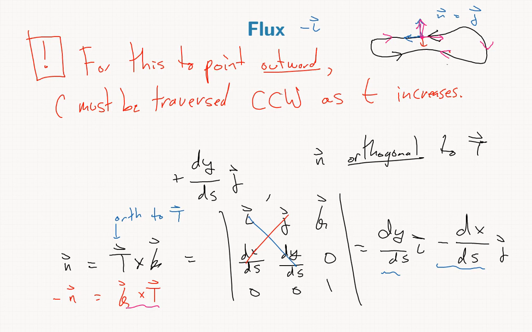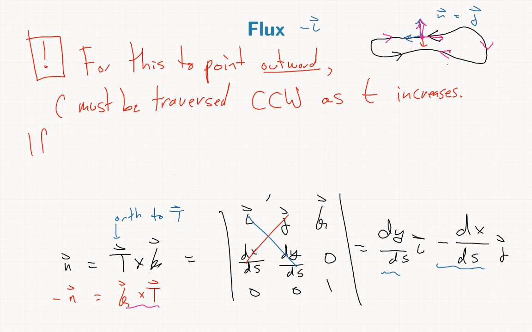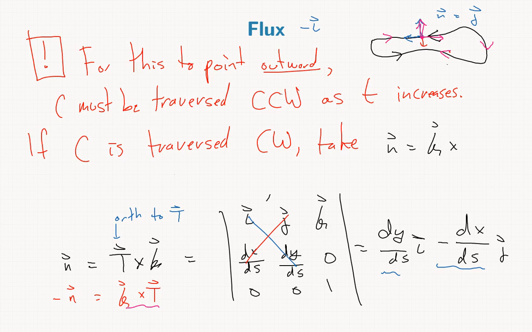So let's write that down. If C is traversed clockwise, then we take n equals k times t, as opposed to t times k, t cross k.